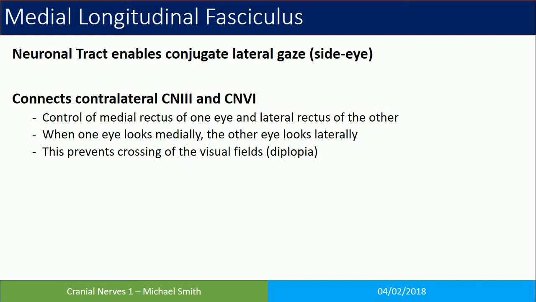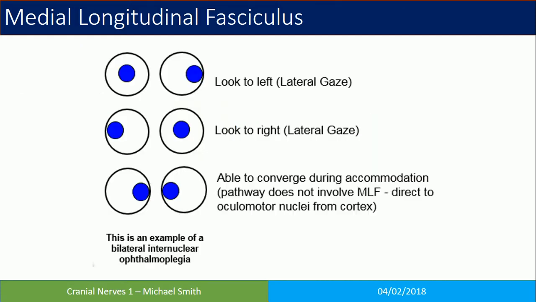So, as our lateral rectus is done by our cranial nerve 6, and our medial rectus is done by our cranial nerve 3, we need these two to be able to communicate across the different sides.